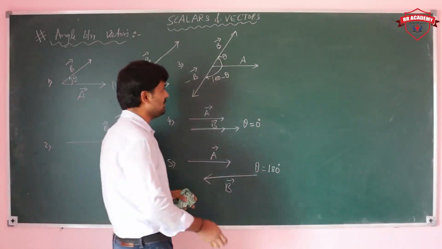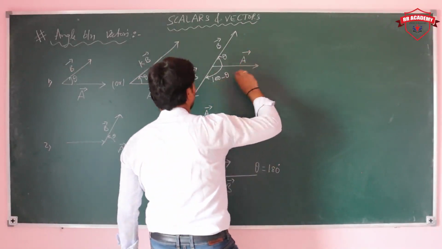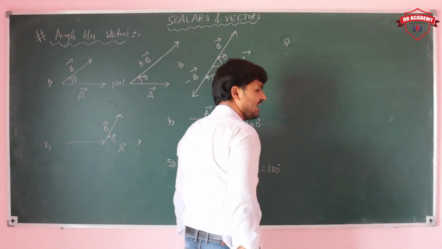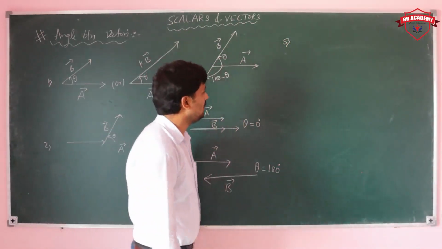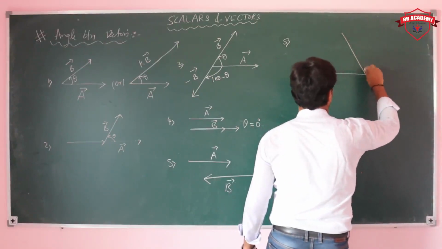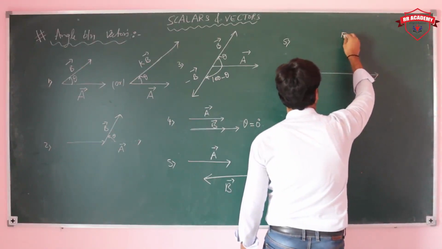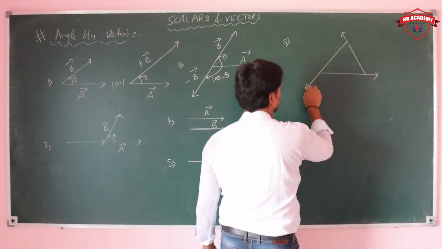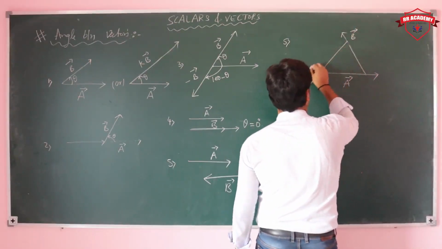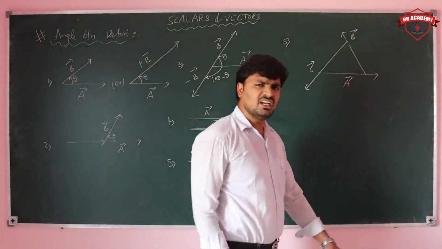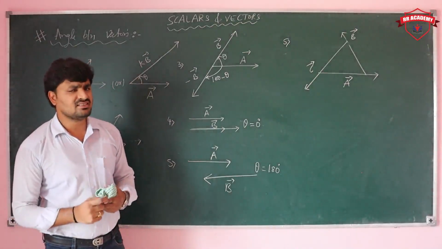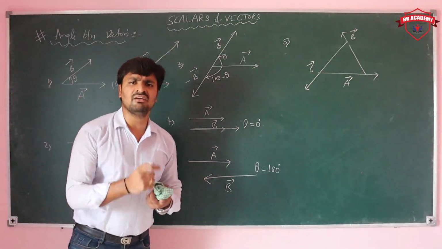A and minus B. And here I am taking an equilateral triangle. So what is the angle between them in an equilateral triangle? For example, I am taking here a vector A, this is a vector B, and this is a vector C. Like these three vectors I am considering: A vector, B vector, and C vector. Generally, you can observe what is the angle of the equilateral triangle.